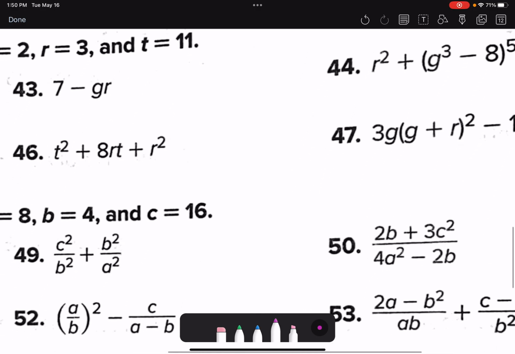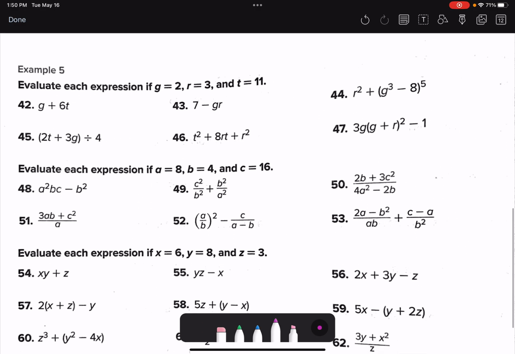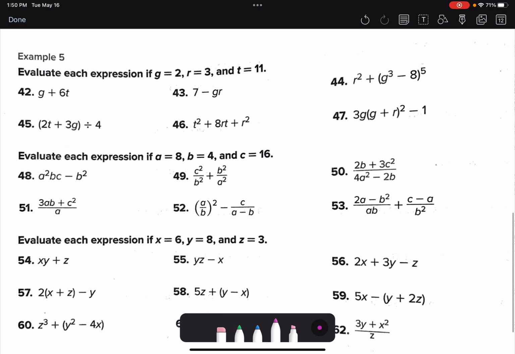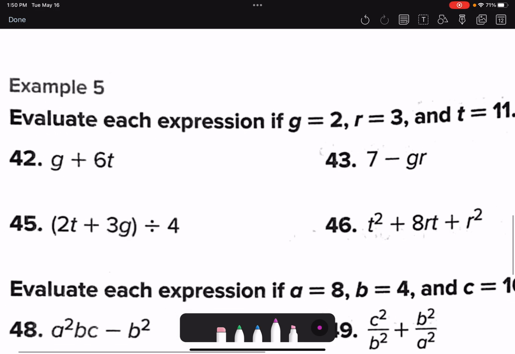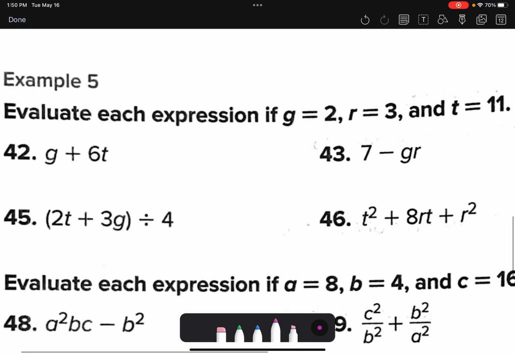Let's go to the practice section of Example 5, and I'm going to work 1 or 2 of them with you guys, and then we're going to practice in class together. So I have g plus 6t. So it says up here, g is 2. So I'm going to replace this g with the 2 plus 6 times t.